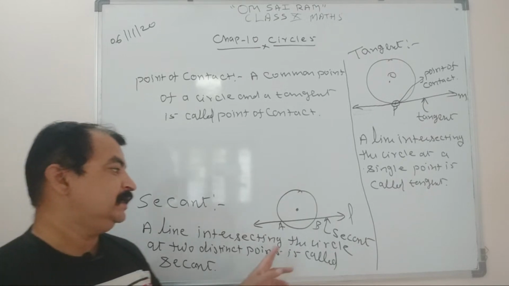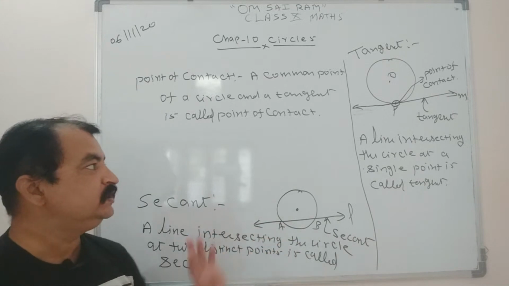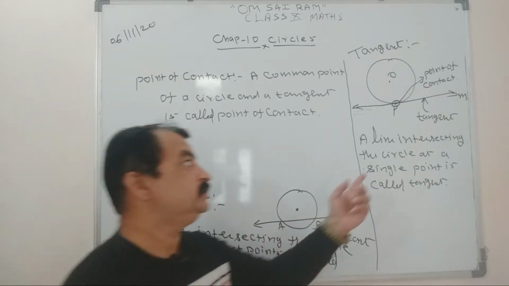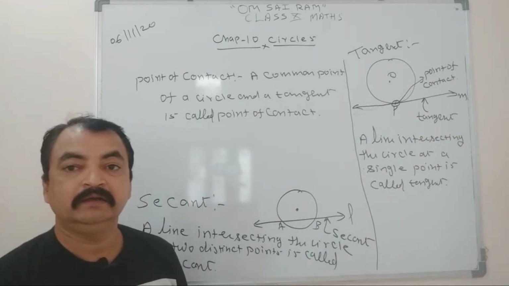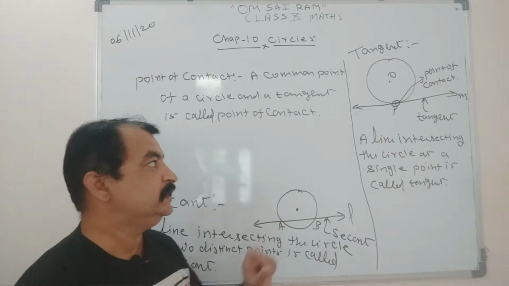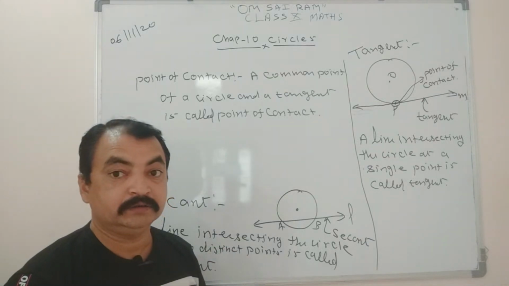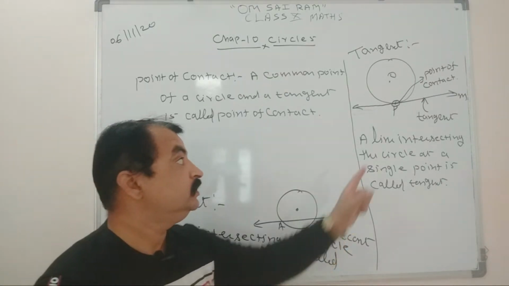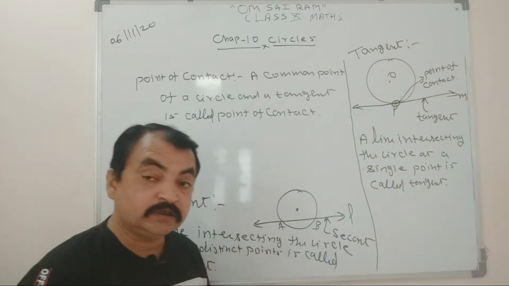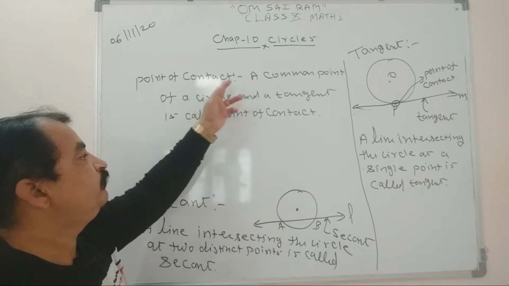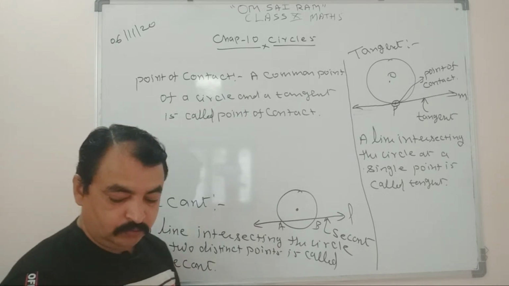So we got the idea regarding the secant of a circle. It is a line intersecting the circle at two distinct points. Tangent, it is a line intersecting the circle at a single point. And the point which is common to the tangent as well as the circle is called the point of contact, children. Right? Okay, so these things are over.